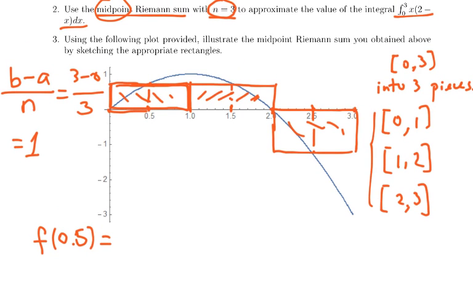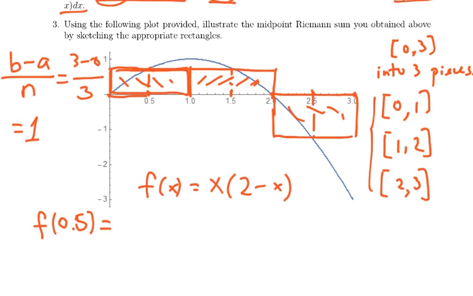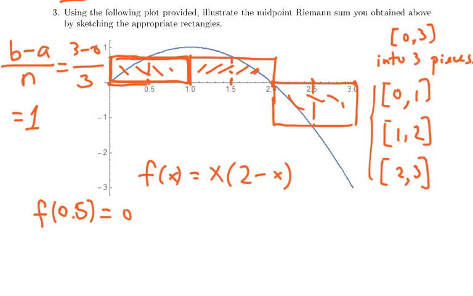Remember our function is f(x) equals x times (2 minus x). So if we plug in x equal to 0.5, we have 0.5 times (2 minus 0.5), and then f(0.5) is equal to 3/4, or 0.75.